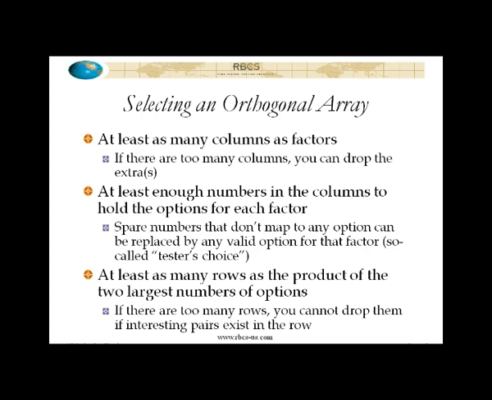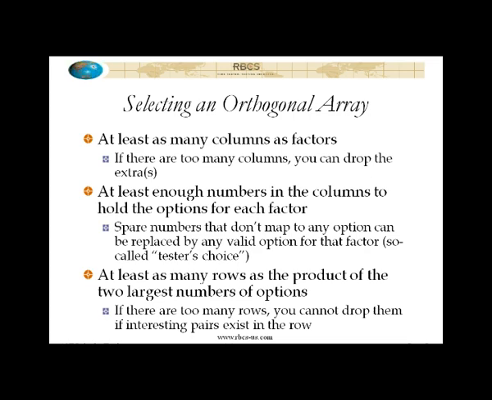Now, this last qualification is actually really unnecessary in the sense that if you meet the first 2 qualifications and you're looking at an actual orthogonal array, this third qualification, the third major bullet item here, will automatically be met.